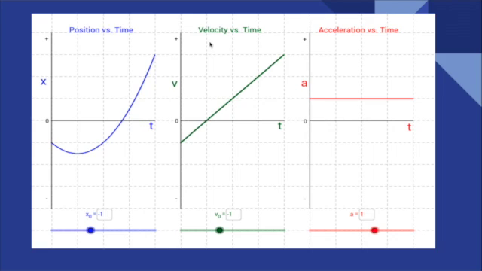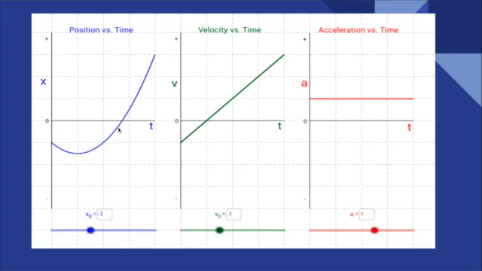Now we have the velocity versus time graph, which shows a straight line as velocity increases. You may not exactly see the relationship at first, but if you were to find the slope of the tangents at different points on the graph, you would notice that they are getting steeper. So the speed of the object is getting faster.